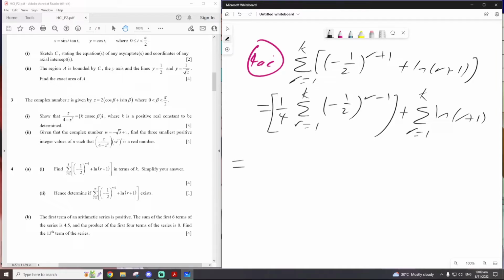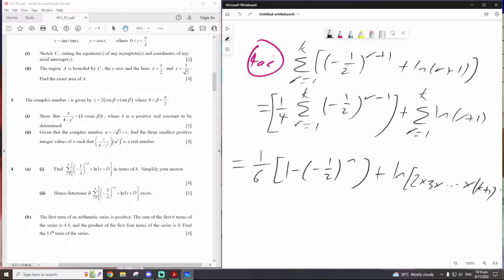So what is the sum of this? So apply the sum of GP, you get 1 minus negative half to the power n divided by 1 minus negative half, so you times 2/3. So 1 over 4 times 2/3 is 1 over 6. So you get 1 minus negative half to the power n plus, now this is ln 2 plus ln 3, which is ln of 2 times 3 times dot dot dot times, you'll realize that this goes up to k plus 1.